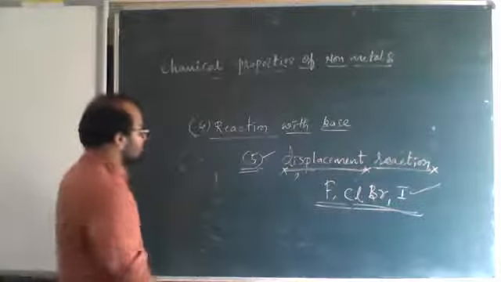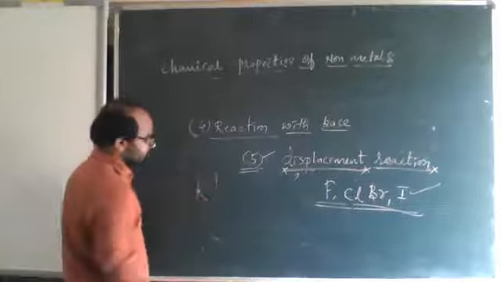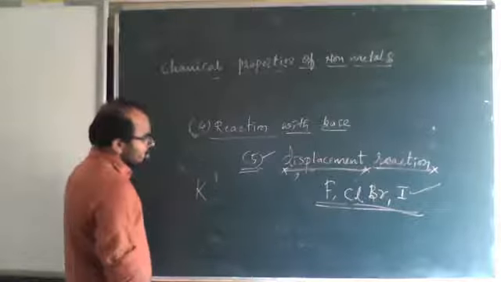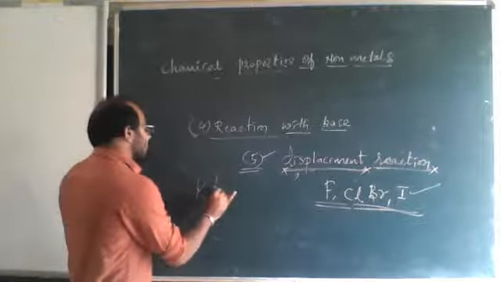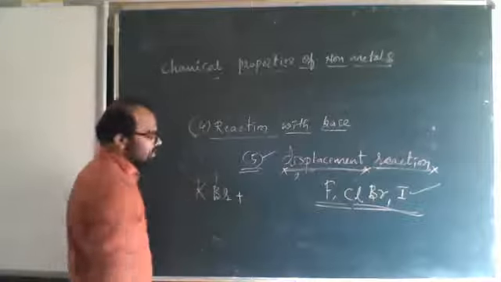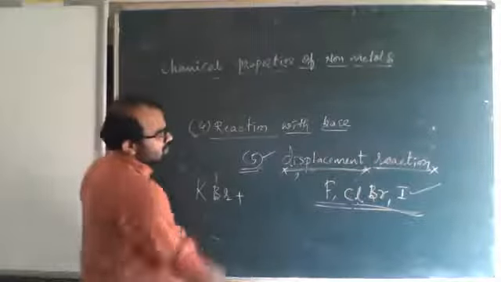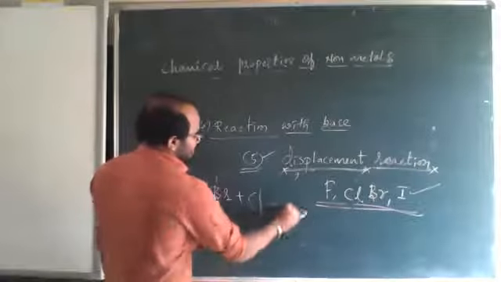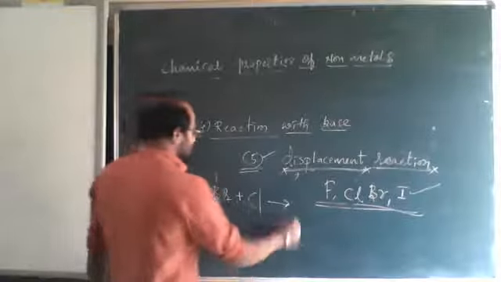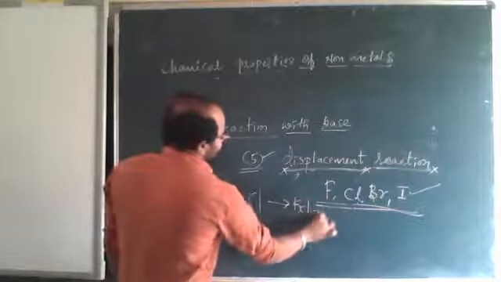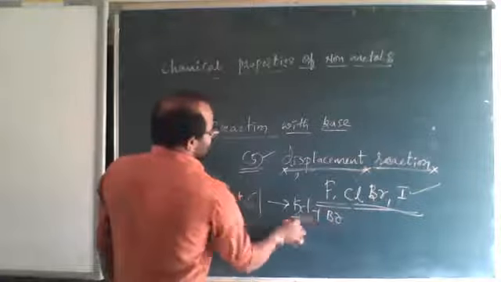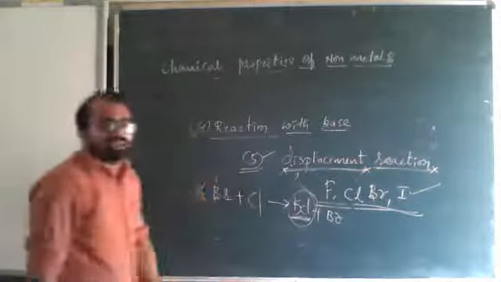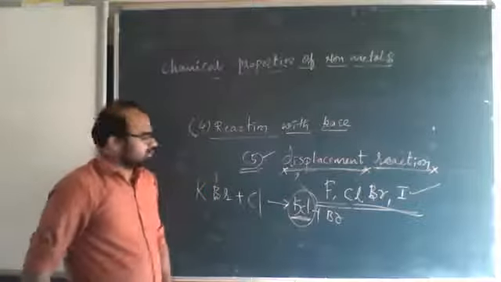If I take potassium bromide, that is KBr, and react it with Cl, or you can say fluorine, it will become KCl plus Br. KCl means what?